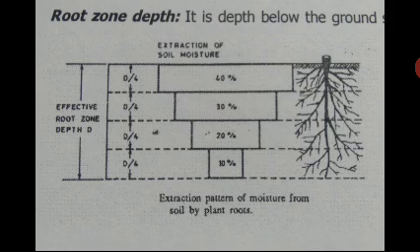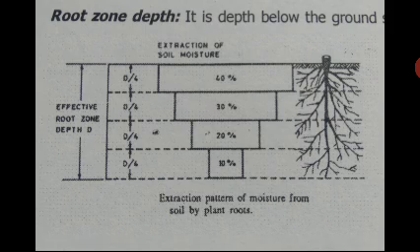Root zone depth. Root zone depth is the depth below the ground surface in which the crops develop root system to derive water for growth. The depth of root zone in irrigated lands depends on soil type, subsoil formation, depth of water table, kind of crops grown, and amount of water applied during irrigation.